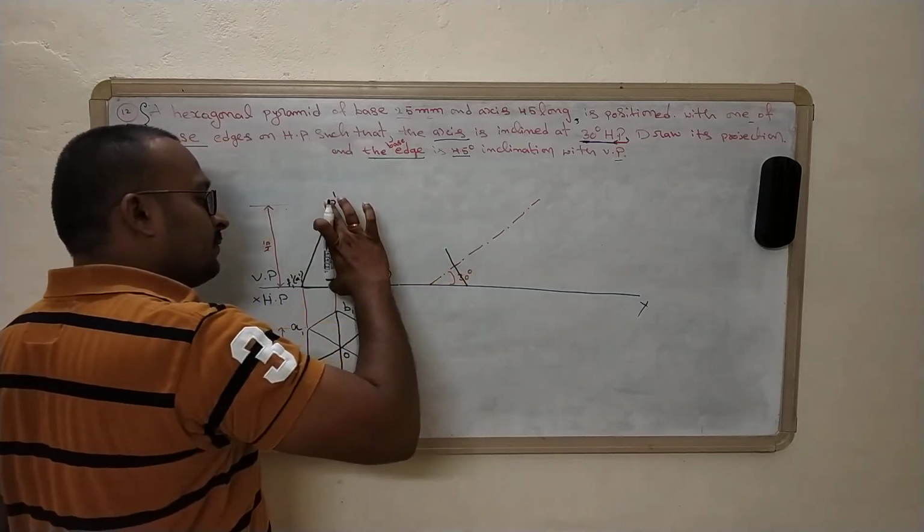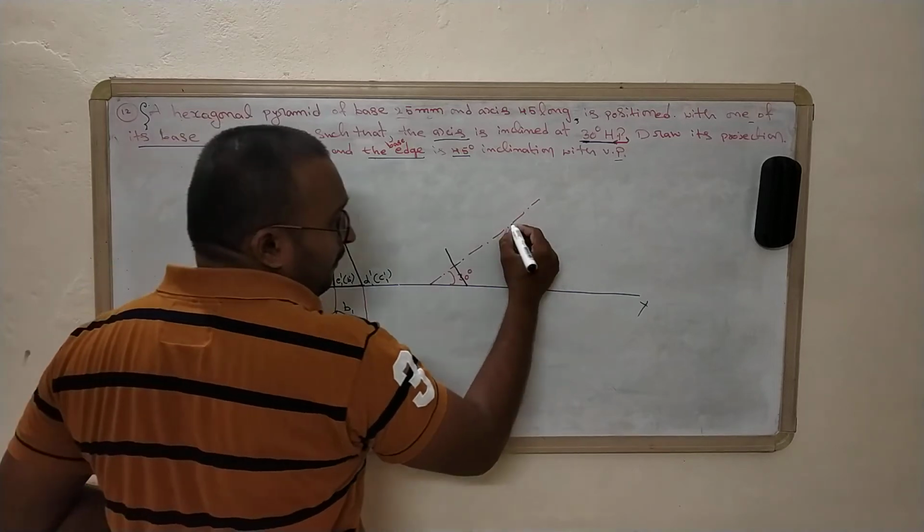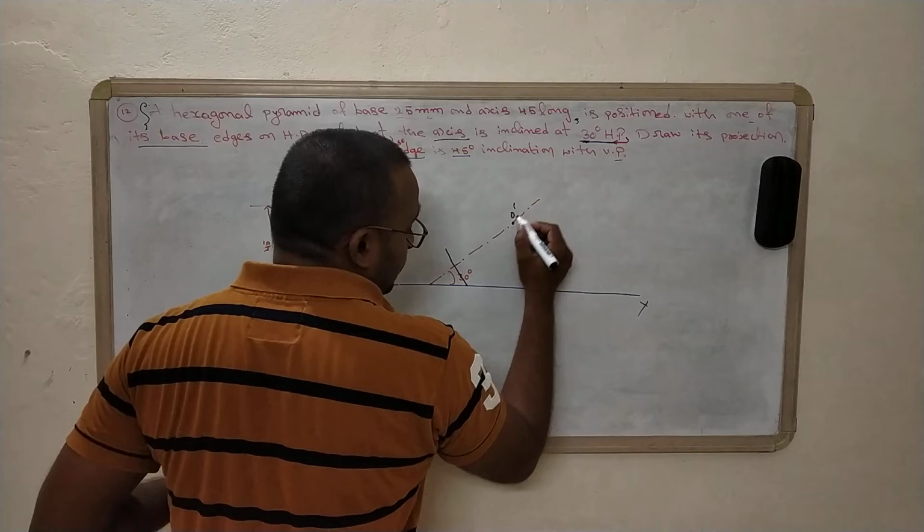Then take the distance of E dash O dash, that is 45 mm, then mark that particular point O dash.